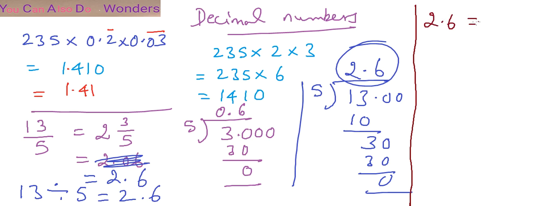To convert to a fraction, remove the decimal point and write it as the numerator, so it becomes 26. Divided by, since 2.6 has one decimal place, the denominator will be 1 followed by one zero, 10. So 2.6 is equal to 26 by 10. If simplified further, both are divisible by 2, then it becomes 13 by 5, which is the same as this one, 13 by 5.